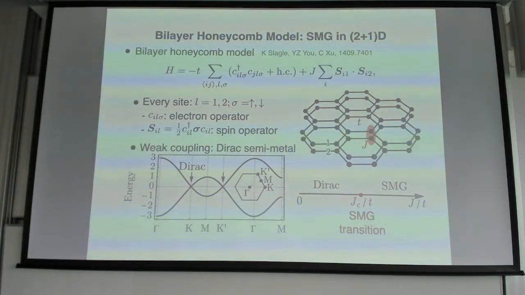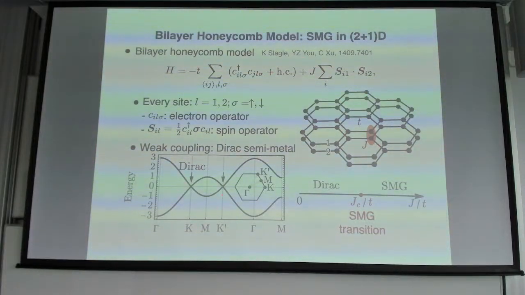And then we did some numerical simulation back in 2014 to show that this model has a direct and continuous transition from a Dirac fermion phase to a fully gapped symmetric phase through a critical point when you tune this interaction versus kinetic energy ratio. So in the weak coupling limit, or say weak interaction limit, if you drop this interaction, you can solve the hopping term by diagonalizing the band structure.